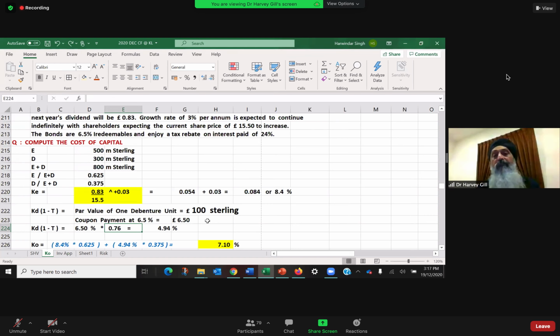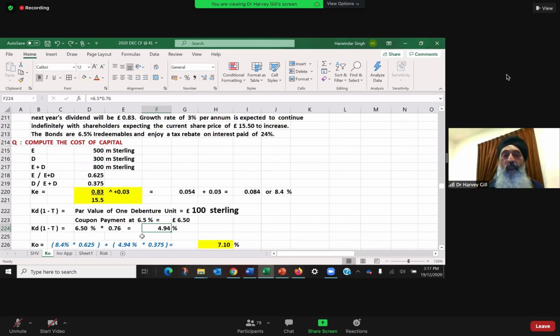Does everybody know where we got 0.76 from? 0.76 is 1 minus the tax rate. Tax rate is 24%. 1 minus 0.24 is 0.76. So once you become clever, you can just write it like that. 6.5% multiplied by 0.76 gives you 4.94.